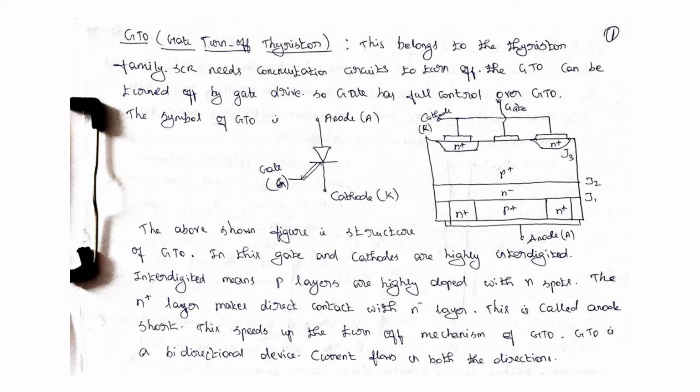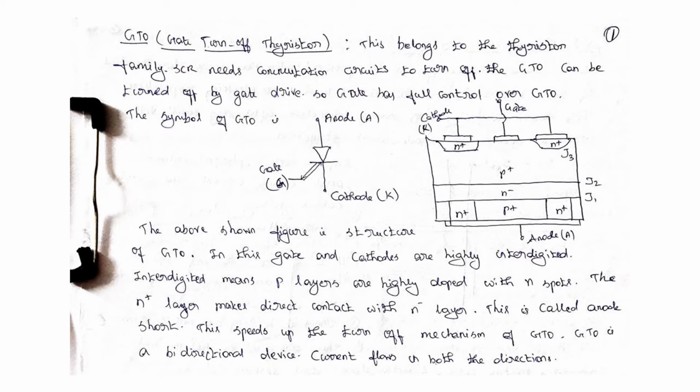The anode is connected to the P plus region. This is the N minus region, which is nothing but the drift region. You know what will happen in the drift region. The P plus region is directly connected to the anode, so this is called the anode short.